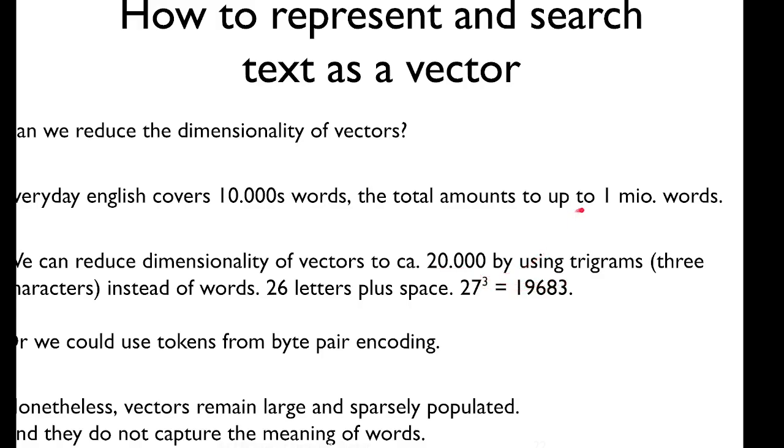So we could go from 1 million to 20,000, but if we limit ourselves to everyday English, we would also be in that order of magnitude. And nonetheless, our simple message OK would be a vector in a 20,000 dimensional space where just one dimension is not 0.